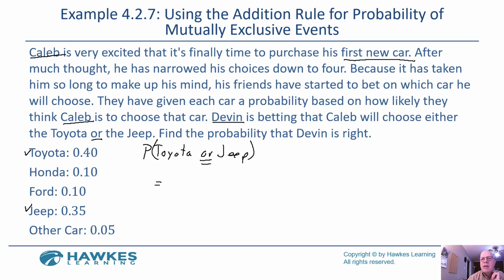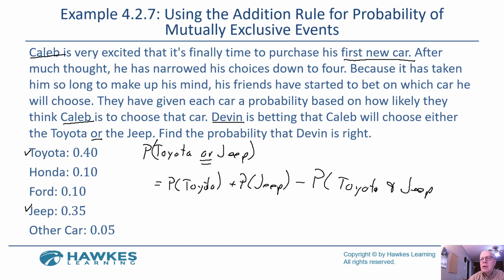So we'll have the probability of the Toyota plus the probability that he chooses a Jeep minus the probability that he chooses a Toyota and the Jeep. Well, this last one is sort of silly. He's picking a car, not cars. So this part is 0.